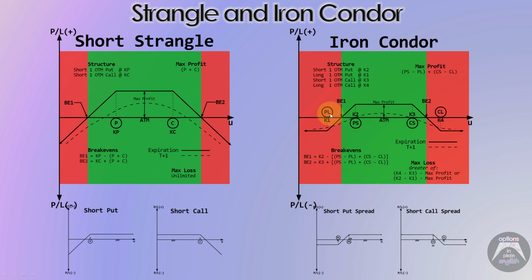For the Iron Condor, you're buying the wings, and because of this, you have a limited max loss and limited risk, which makes your buying power reduction static, whereas the buying power reduction for the Strangle is going to be dynamic. Now let's take a look at an example to see how this works out.